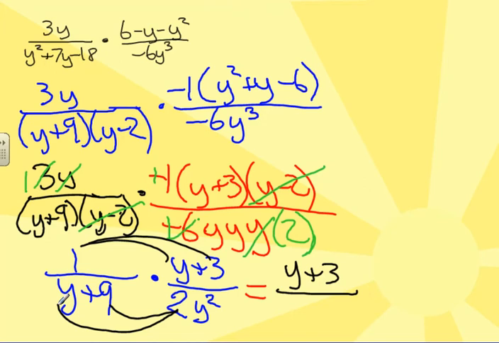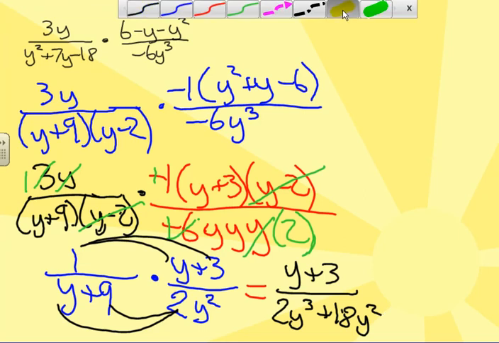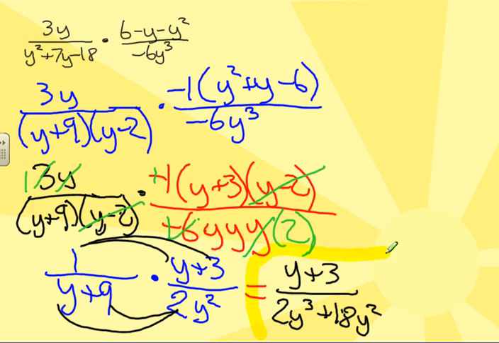So 2y squared times y is 2y cubed. 2y squared times 9 is going to give me plus 18y squared. And that is about as far as I can take it. That is my end answer.